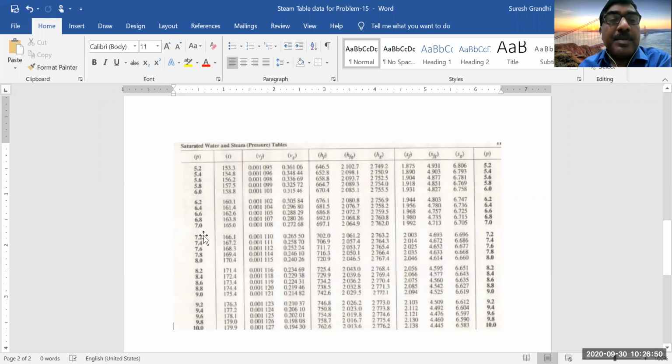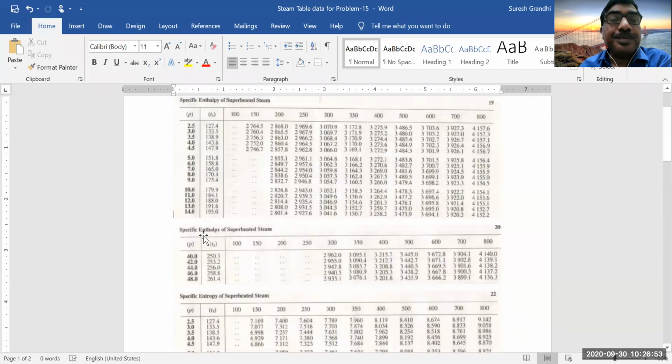So this is again the superheated tables. This is the specific enthalpy table of the superheated steam, and the pressure is equal to 10 bar and the temperature is equal to 350. So it is 3158.5. 3158.5 is the enthalpy of the superheated steam at 10 bar and 350 degrees centigrade.